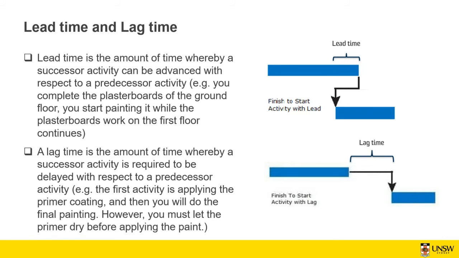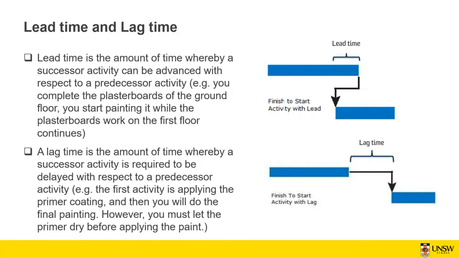That can help. But you also need to see if you've got enough resources to do that. If the plasterboarding and painting is going to be done by just one person, then perhaps you don't have any lead time for that particular job. But if different people are doing two different jobs, then perhaps you can use that in order to finish the project sooner.